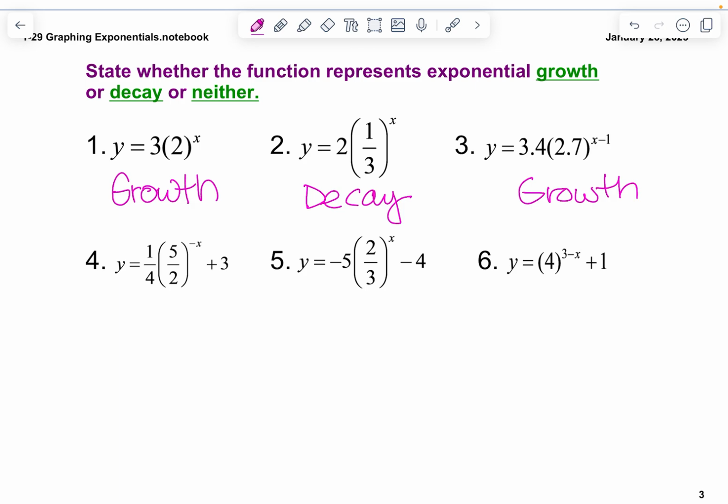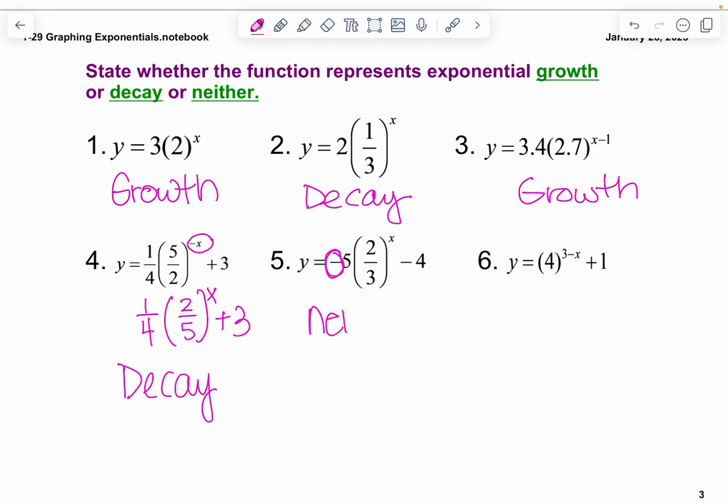In number 4, the a is not negative, so we look at our exponent. Since it's a negative x, that's going to turn this into 1/4 times 2 over 5 to the positive x. And now that is decay. All right, in number 5, notice we have a negative in the front, so we don't need to look any further.